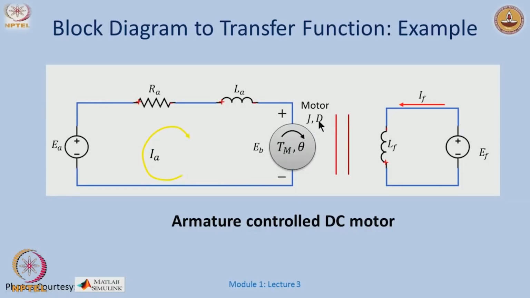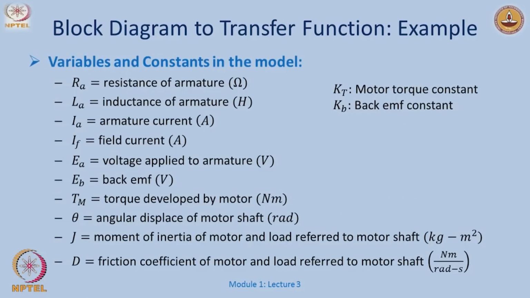Okay. So, in this subsystem, what are my components? If I denote R A as the armature resistance, L A as the armature inductance, and I A as the armature current, let me write down the equations for this.